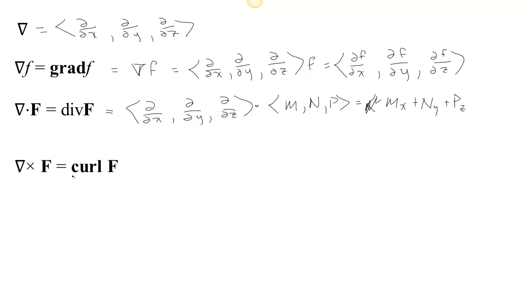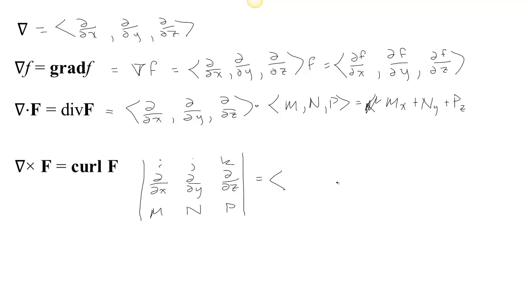And finally, the del cross f helps you remember the curl. So if you do a cross product, remember you enter the components i, j, k, and then you enter the components of the first vector, which in this case are operators, and then you enter the components of the second vector, which in this case are the component functions m, n, and p.